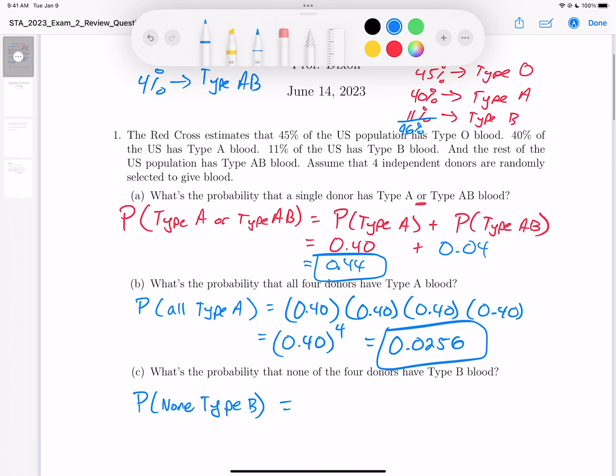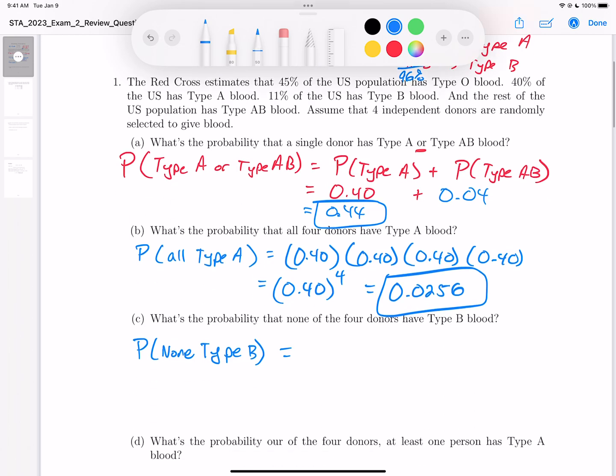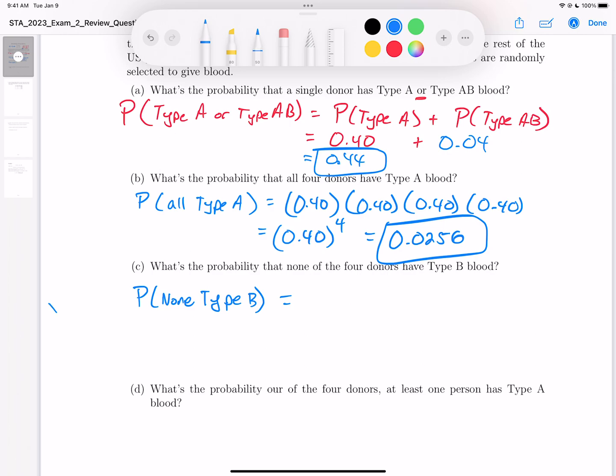They told us 11% of the population has type B blood. So if 11% have type B blood, we subtract that from 100%, and that will tell us the percent of people that do not have type B blood. And that's going to be 89%.